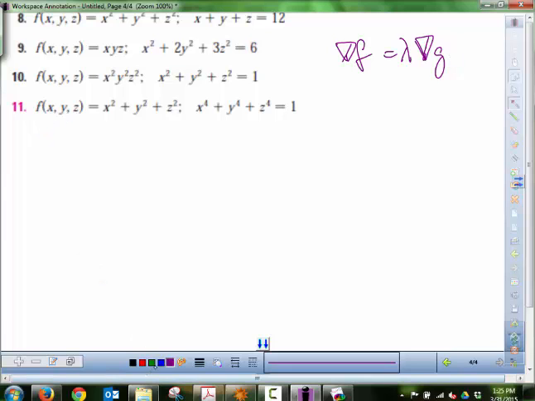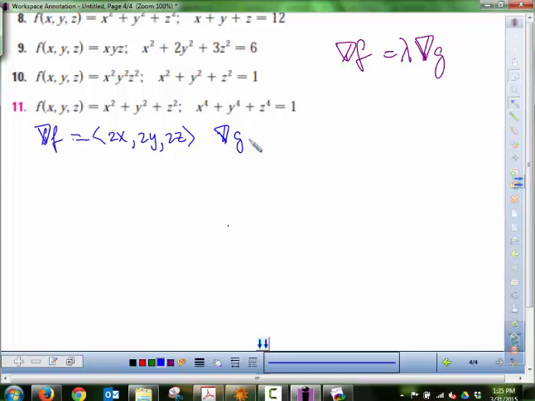So we need the gradient of f, and because this has 3 variables, it's automatically going to have three components, and then this g is going to be equal to 1.